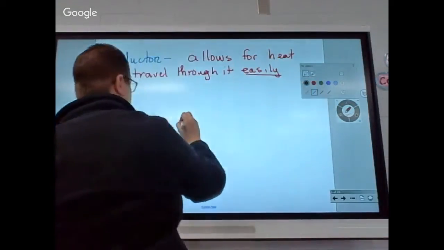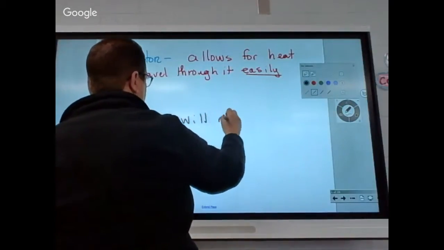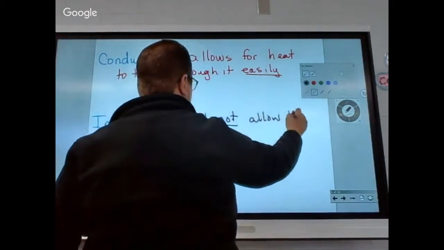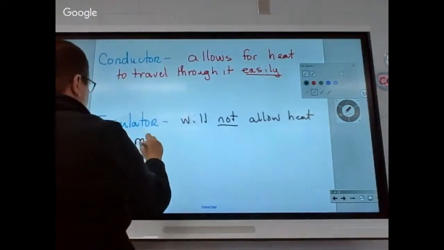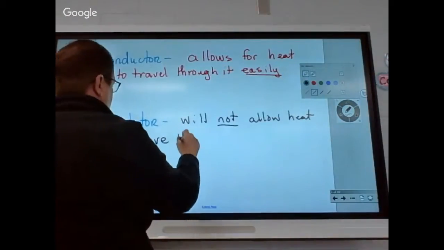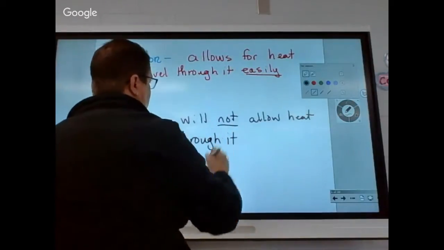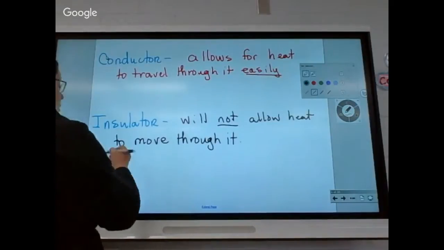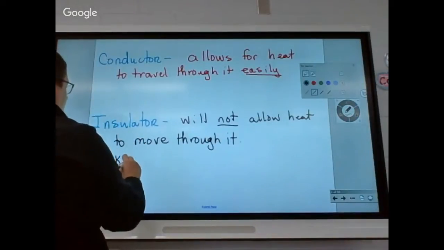An insulator will not allow heat to move through it. Because it will not allow heat to move through it, using Jacob's words, it keeps heat in or out.